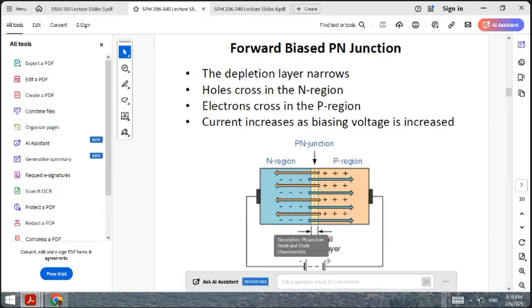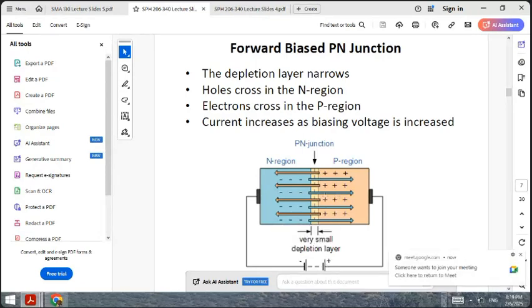And when we have holes crossing, they get attracted by the negative of the external source. Electrons which have crossed get attracted to the positive of the external source, and therefore we have a flow of electrons and holes.